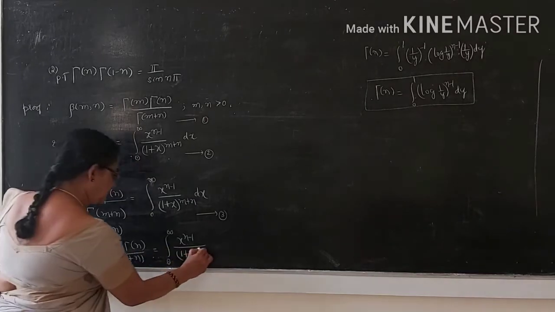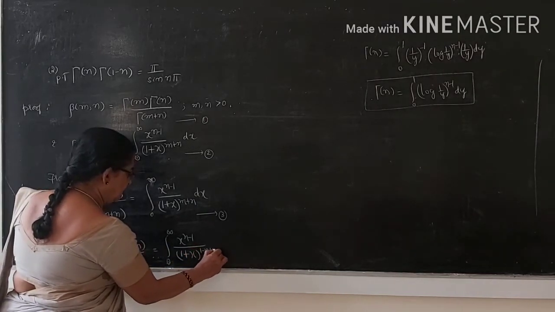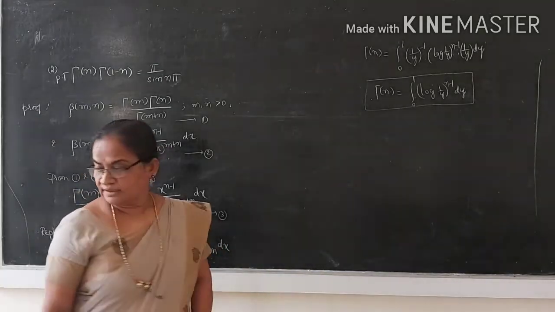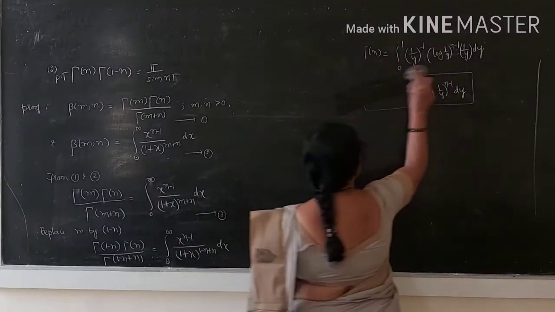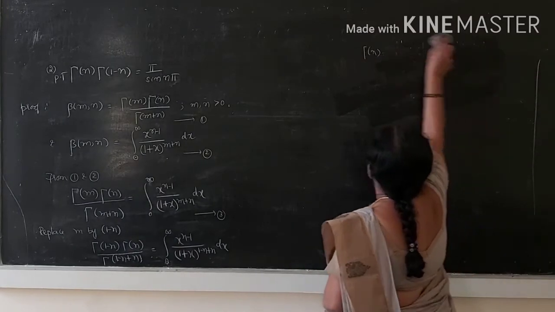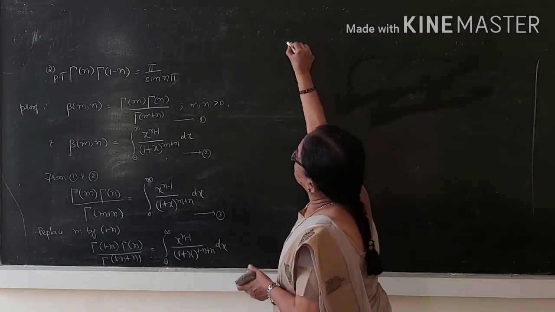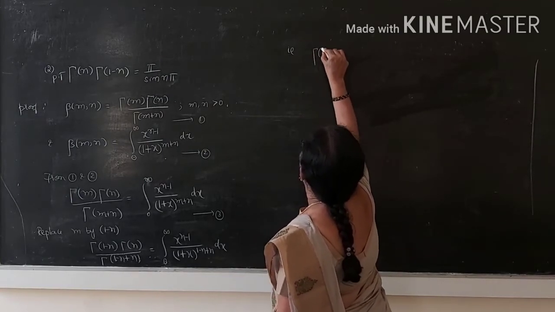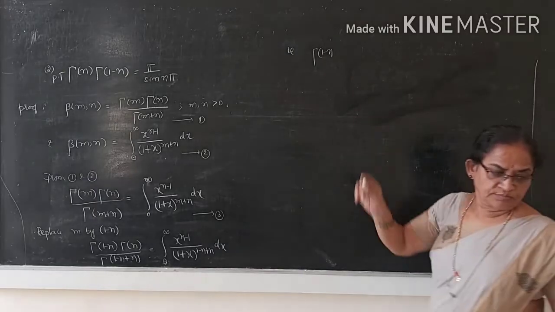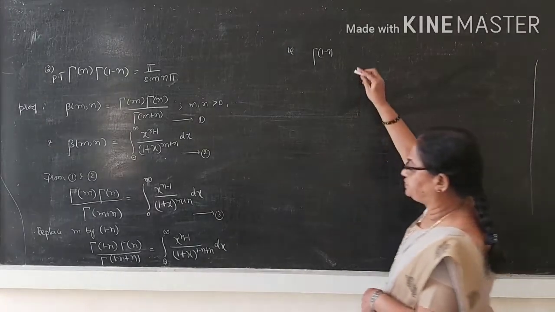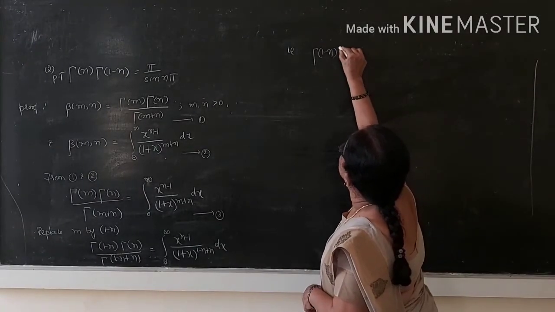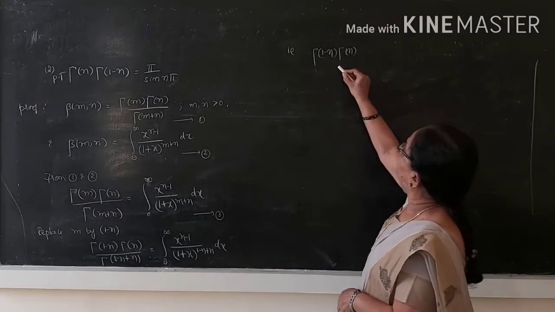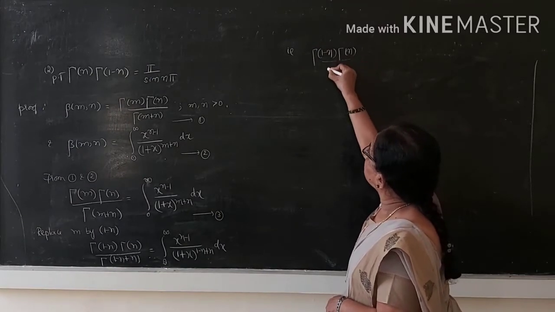M plus n means it is 1 minus n plus n, into dx. Okay, that is gamma of 1 minus n into gamma of n. Gamma of 1 minus n plus n means it is gamma of 1. Gamma of 1 is nothing but 1.